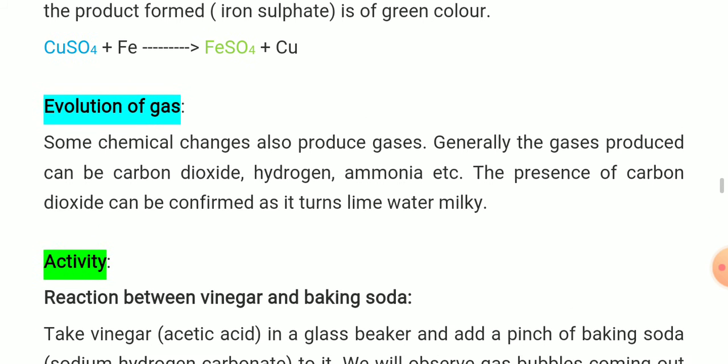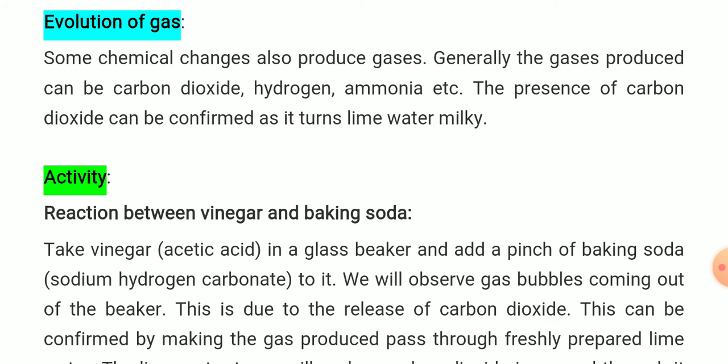Now, next, evolution of gas. In some chemical reactions there will be formation of some gases, like carbon dioxide, hydrogen, ammonia gas. Some chemical changes also produce gases.